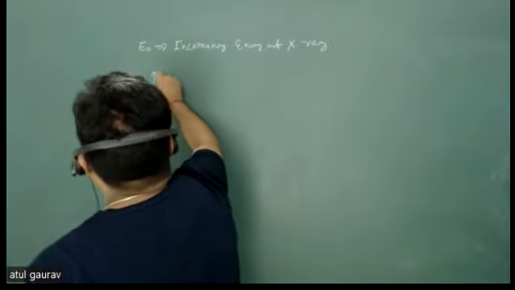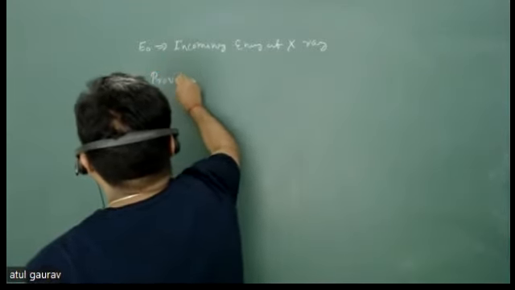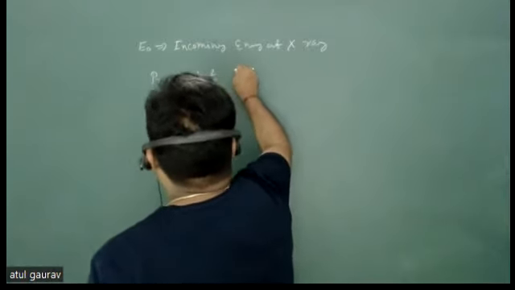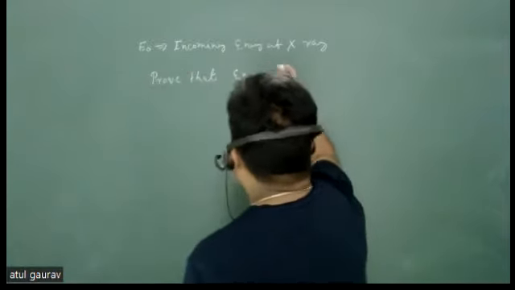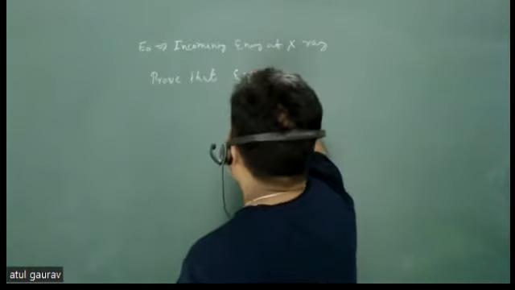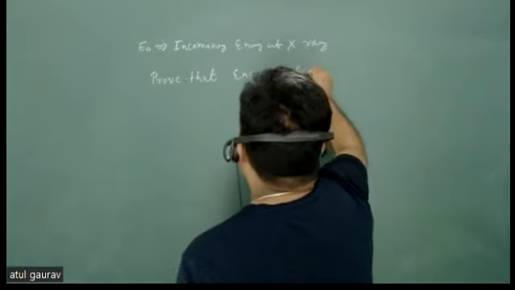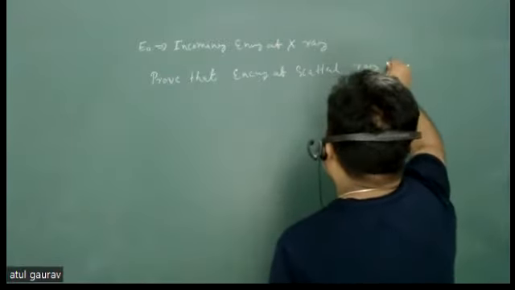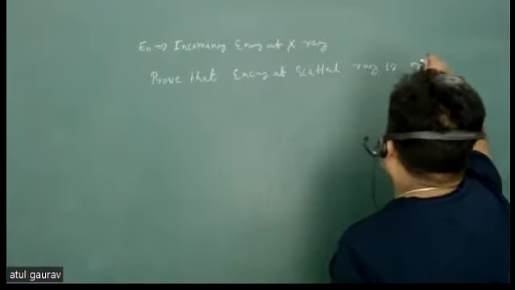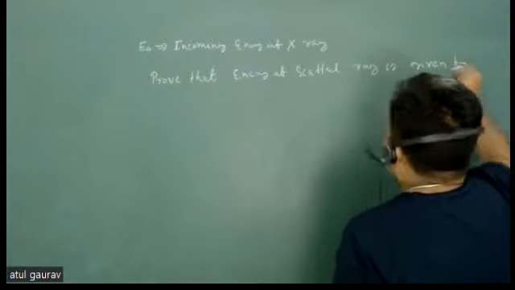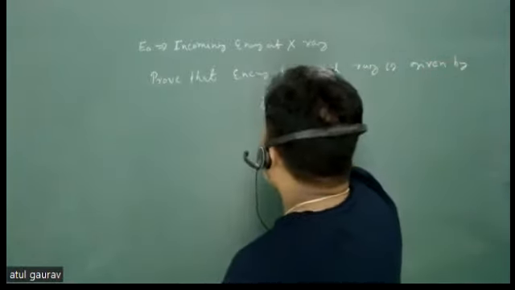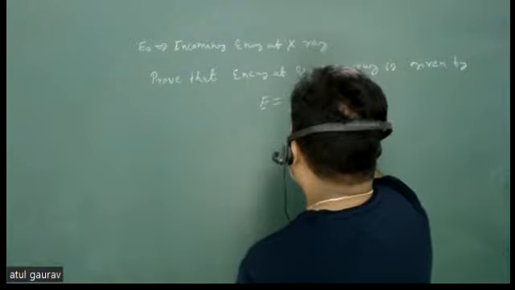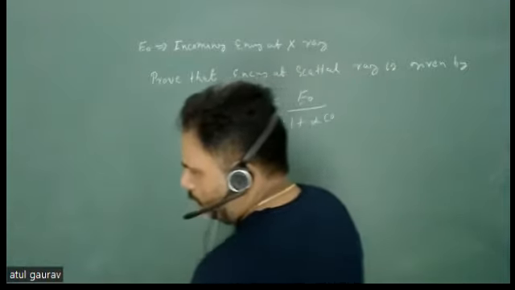Prove that the energy of the scattered photon, the scattered ray, is given by E, which is equal to E naught by 1 plus alpha.